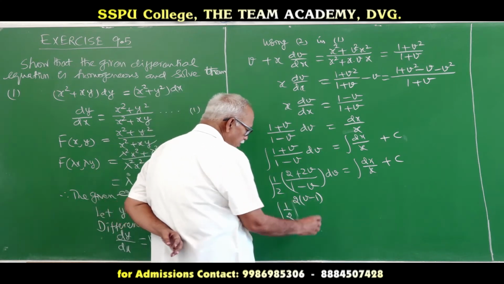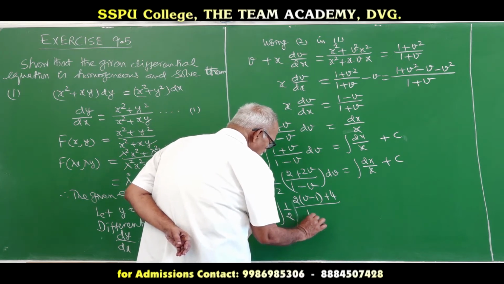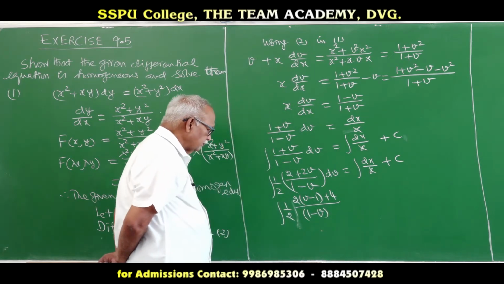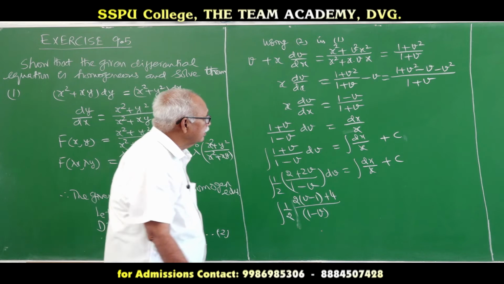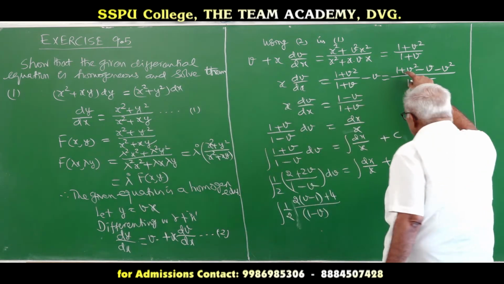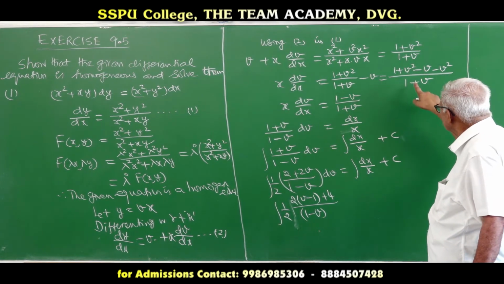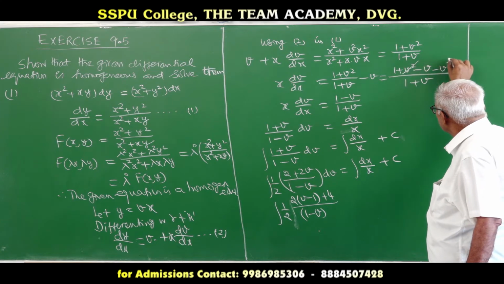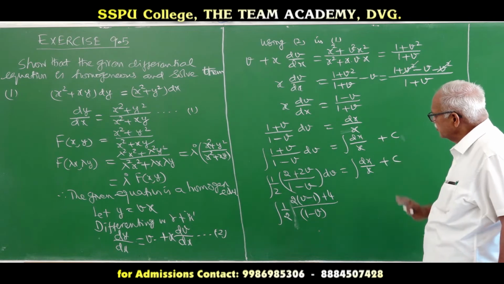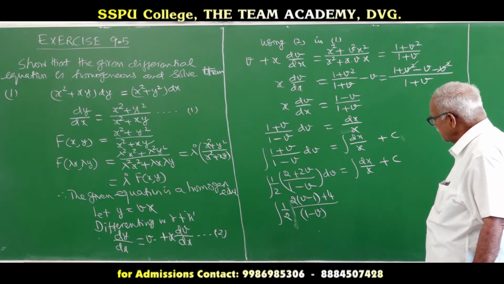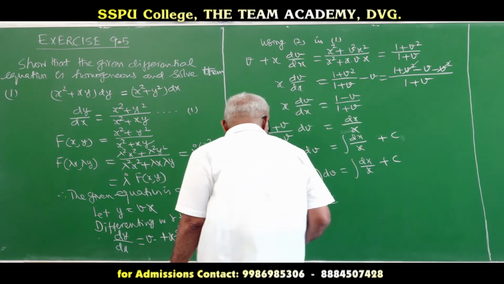Minus 2 we have taken, so we have to add plus 2, divided by 1 − v. Is it all right? Multiply here, minus v², so v² − v² cancels, 1 − v is there, 1 + v is there. So the numerator comes to (1 + v)/(1 − v). This is the method we have to follow.